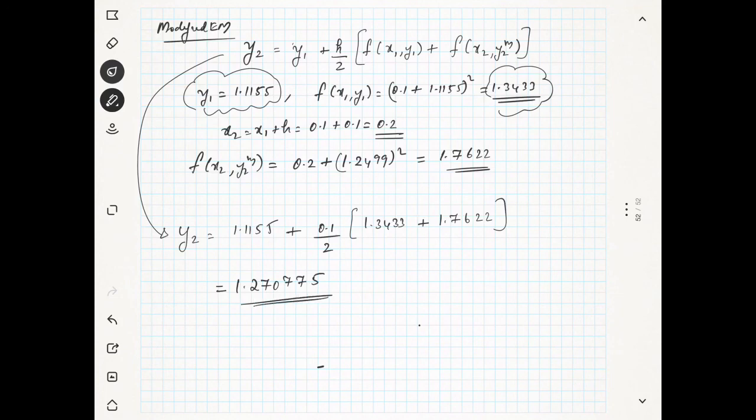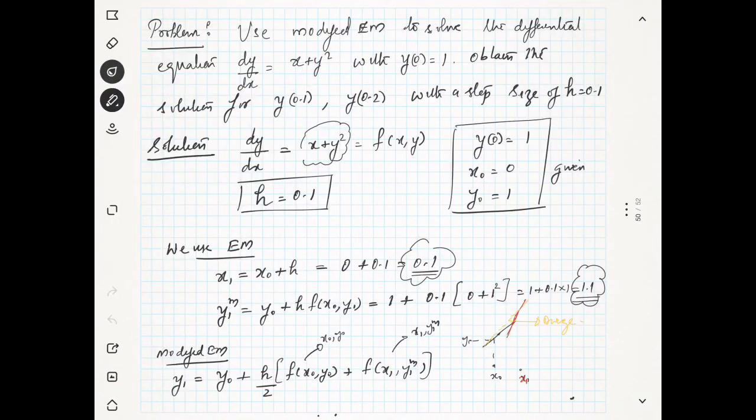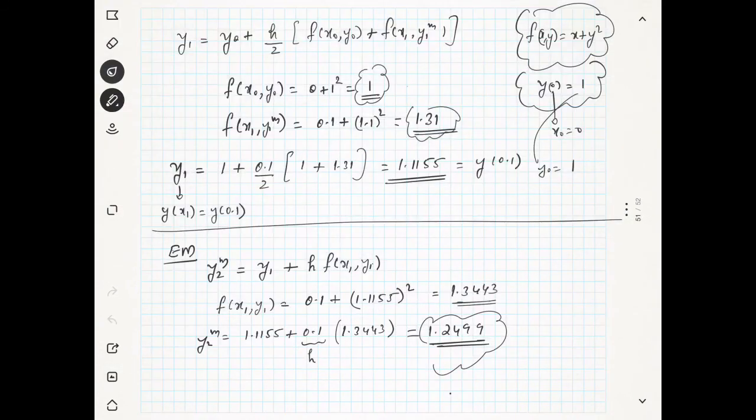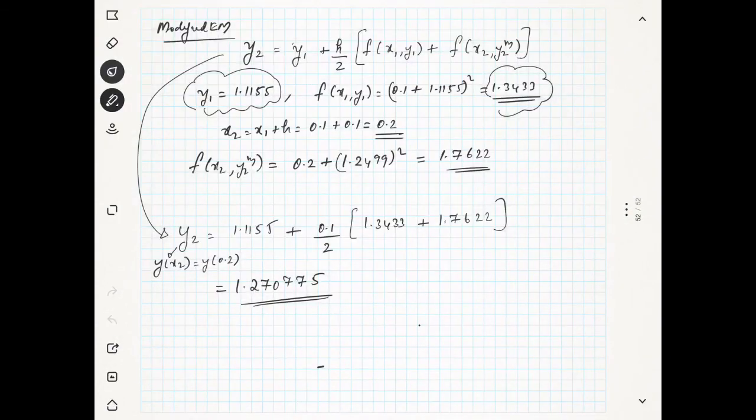And what do you mean by this y2? y2 means y of x2, it's nothing but y of 0.2. According to the question, we want to find y of 0.1 and y of 0.2. So in this way you can proceed to get the answer.